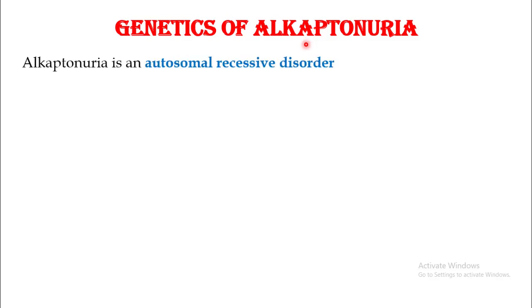In this particular video, I want to focus on the genetics of Alkaptonuria. As I've told you, Alkaptonuria is an autosomal recessive disorder. So what do you mean by autosomal recessive? There are two terms here: autosomal and recessive.